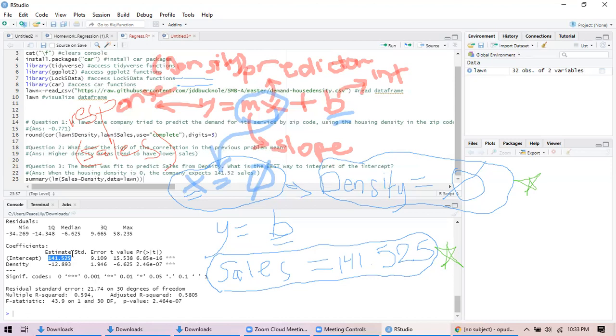Nothing is going on here, so I don't know how you have sales. I know it's a weird one. There's no housing density, but there are sales though.